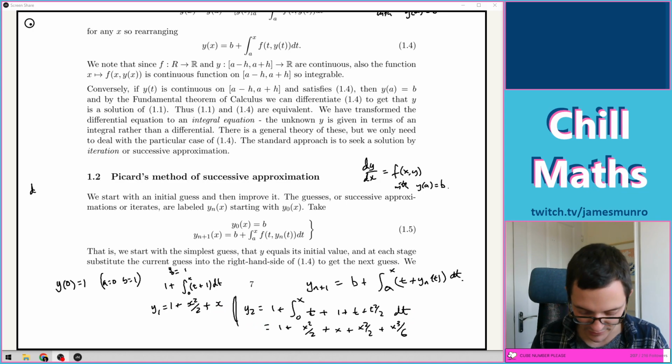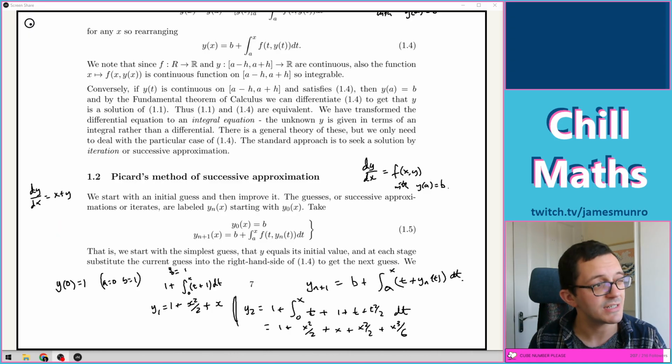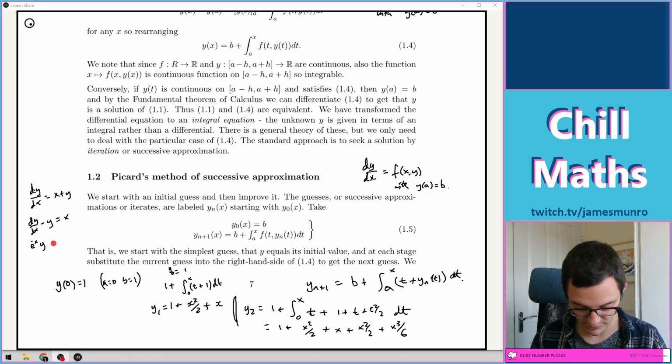So if I'm trying to solve dy by dx equals x plus y, another way to do this is with an integrating factor, where you rearrange things. This is going to be absolutely tiny, I'm sorry. And then you integrating factor it, so it's e to the minus x on both sides. Yeah, e to the minus x on both sides. So that's that.